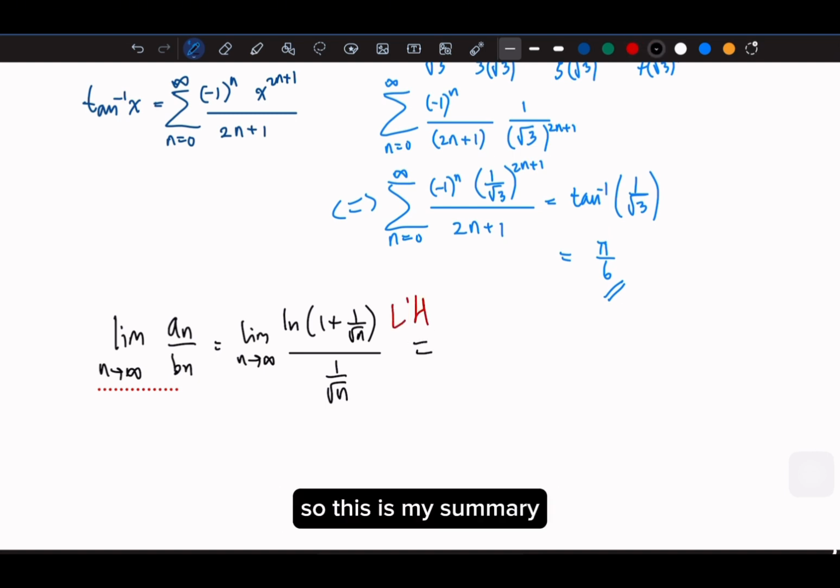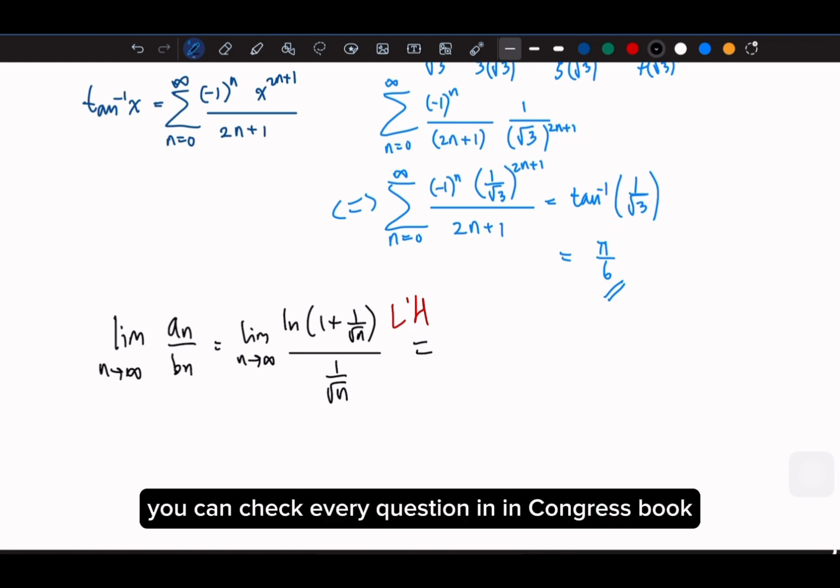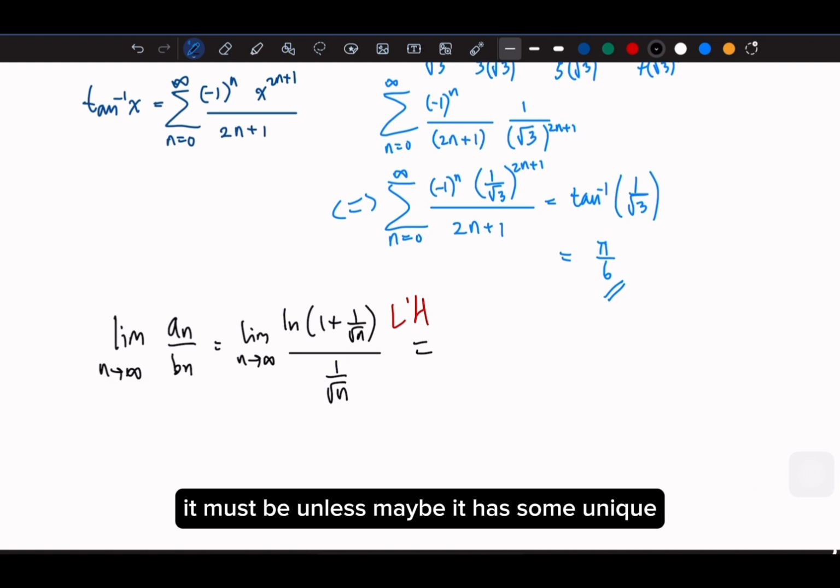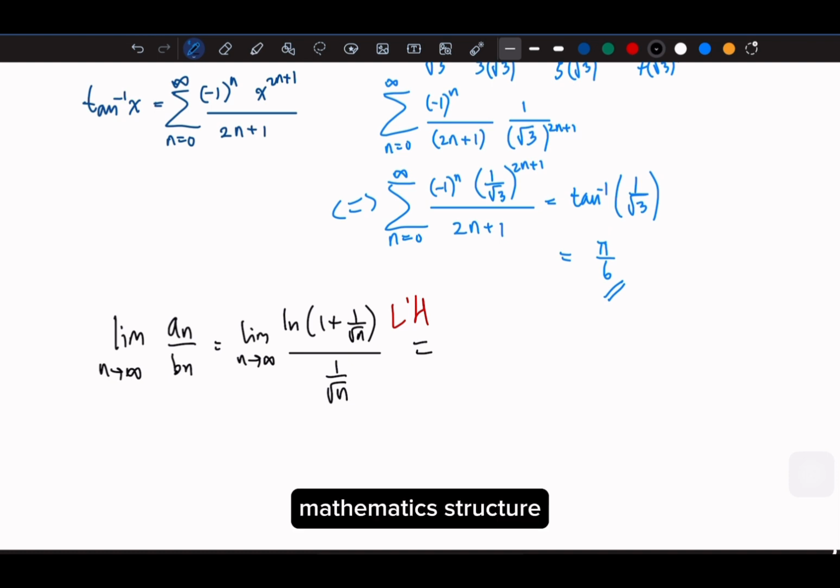So this is just my summary, this shortcut. Every time you see a limit and you see ln, it must be L'Hopital's rule. You can check every question in a calculus book. Every ln with a limit, it's L'Hopital's rule, unless maybe it has some unique mathematical structure that's not easy to L'Hopital.